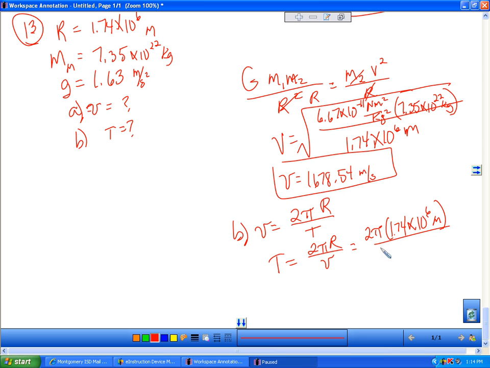And my velocity I figured was 1,678.54 meters per second. So when I did that correctly, I got t to be 6,513.2 seconds, which works out to be right at 2 hours.